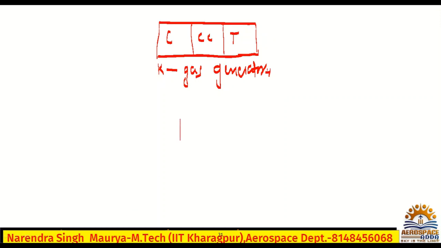Now they have said we are talking about only combustion chamber, CC. I will mention the points: one, two, three, four. So our combustion chamber is between points 2 and 3. Inside engine, we'll talk about total quantity.